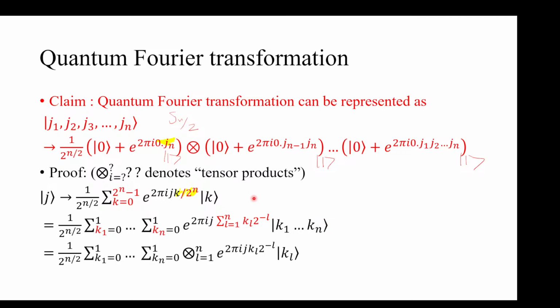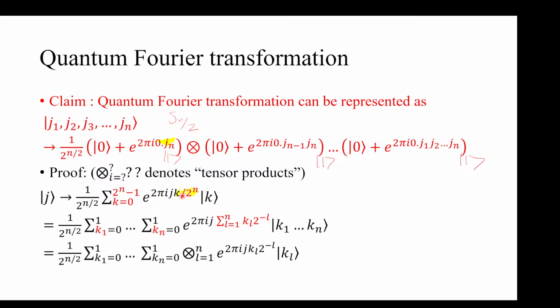Okay, and because k is from 0 to N minus 1, each one of k1 to kn is summed from 0 to 1. Okay, so the second step we did, nothing much yet, we change the summation from k to a summation over the bit string k1 to kn in {0,1} to the n.